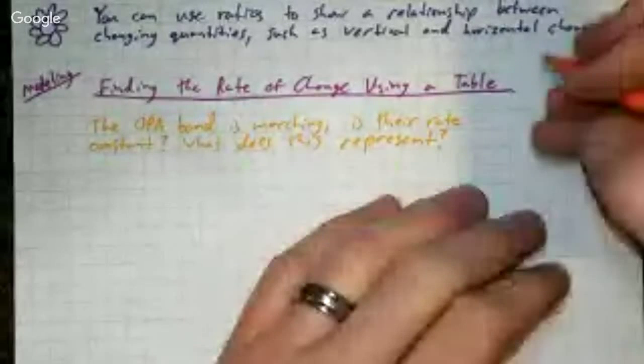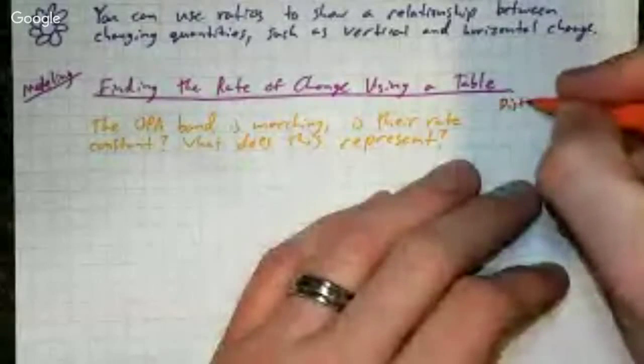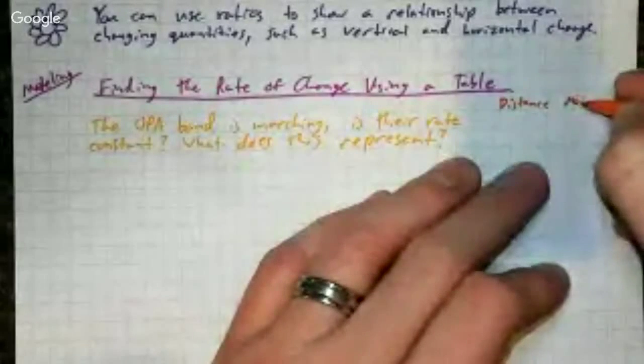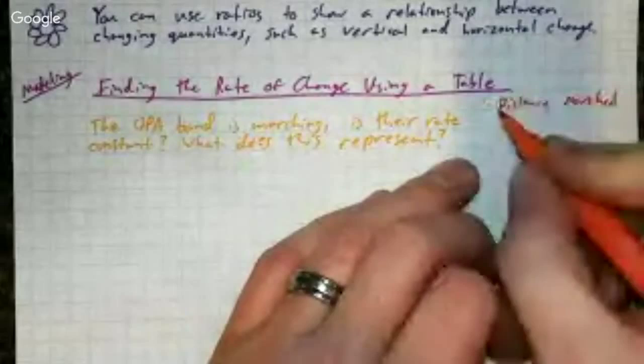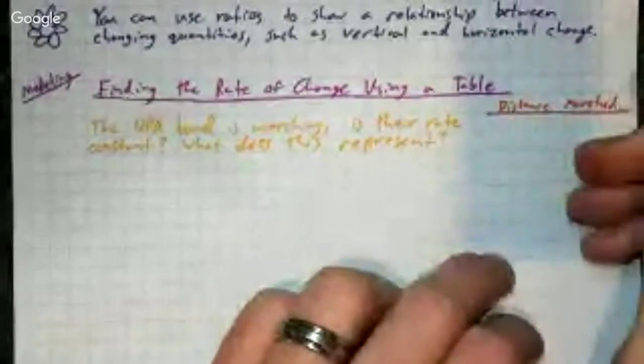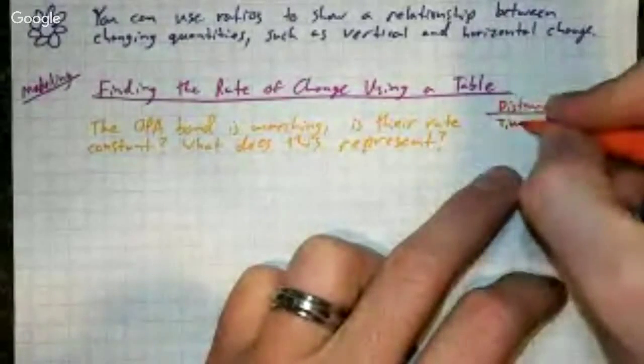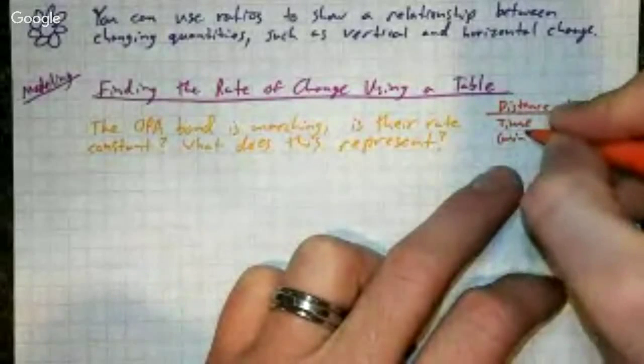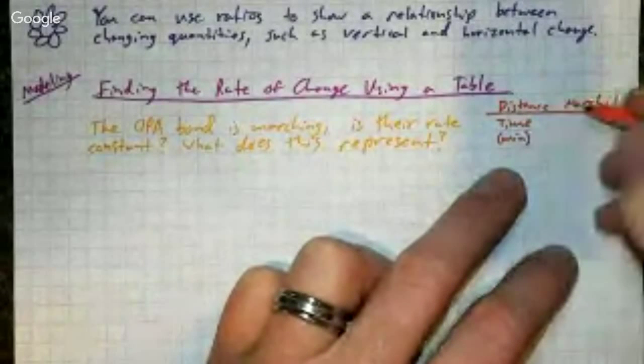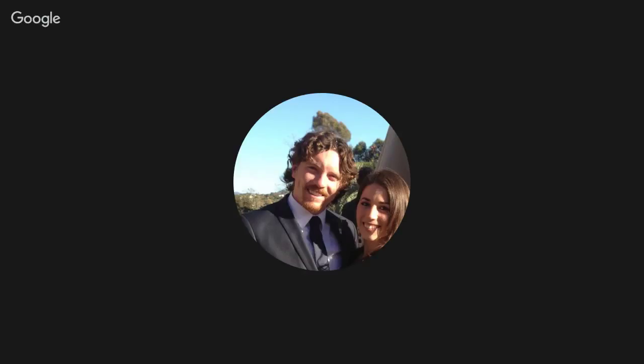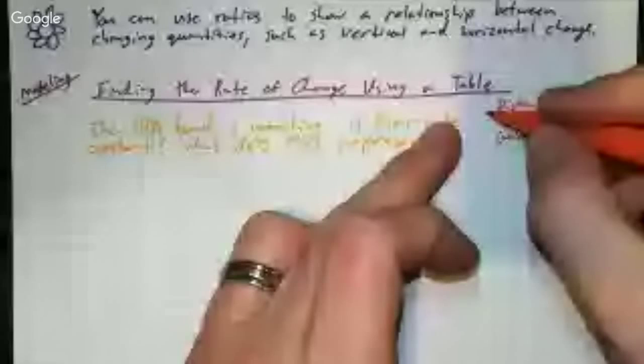So the table we have is about the distance marched. On one side, we're going to have the time in minutes. So here's my table.